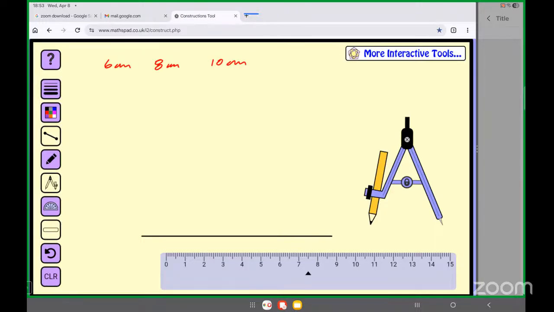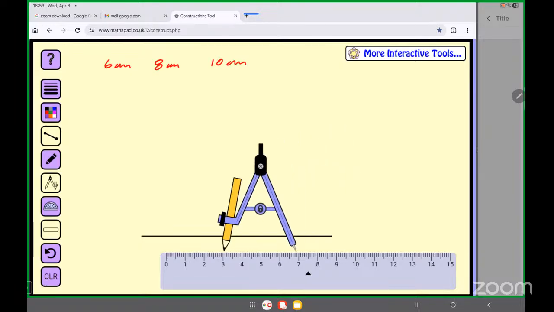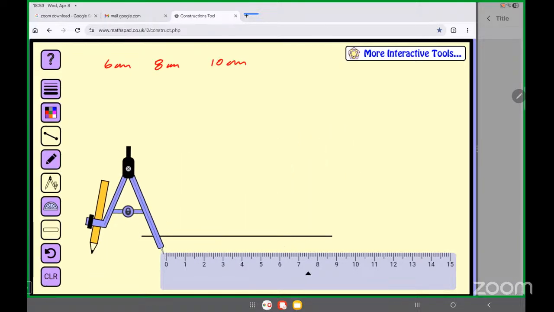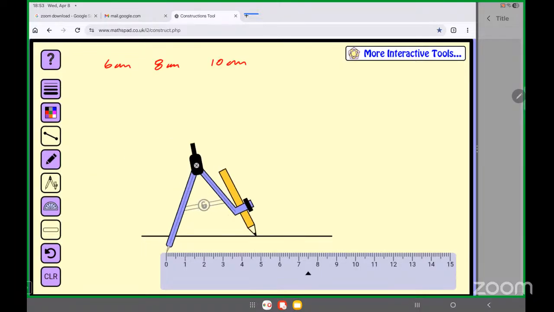So see here now, use a compass. From 0 on the compass, I'm going to open the compass to 6 centimeters. Look, 6.